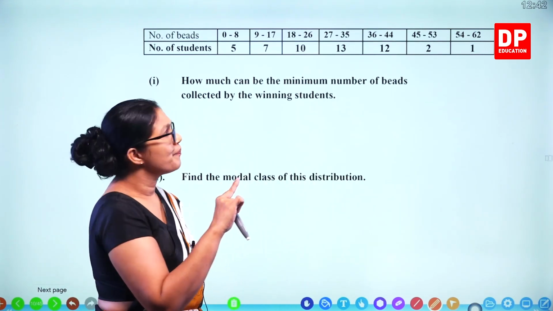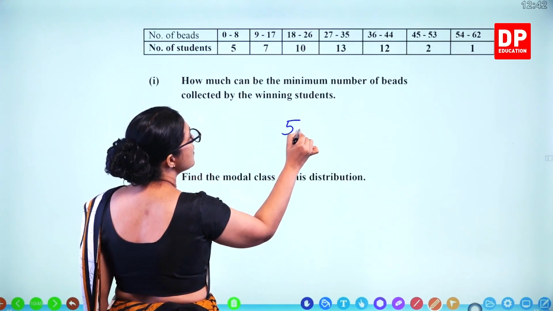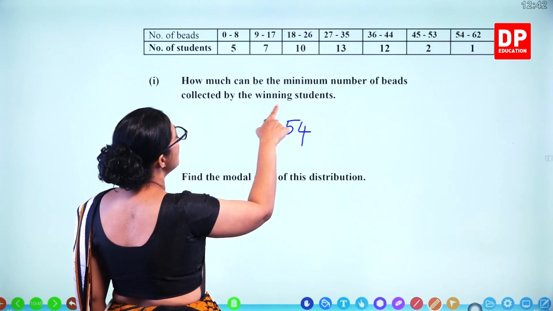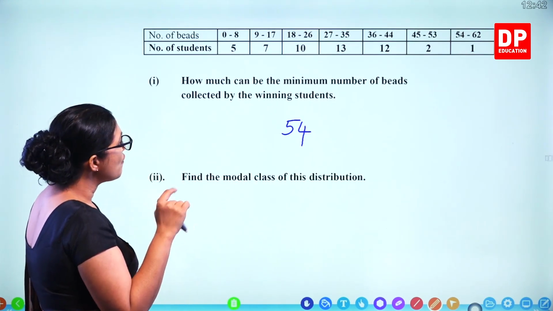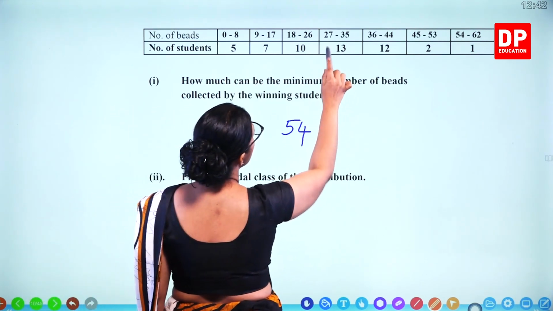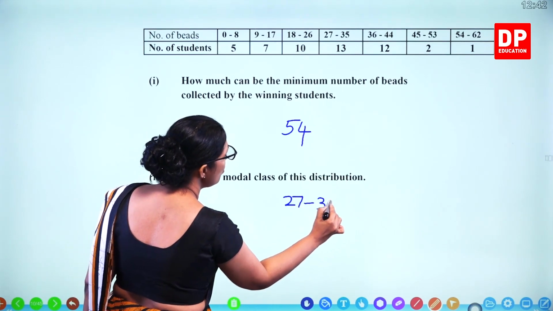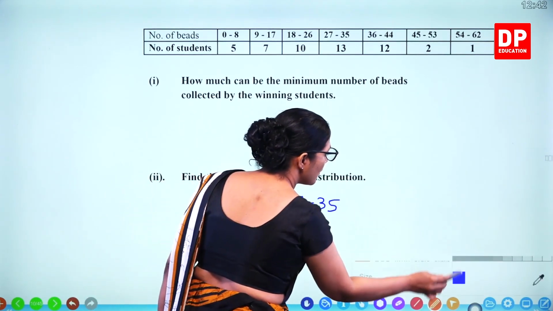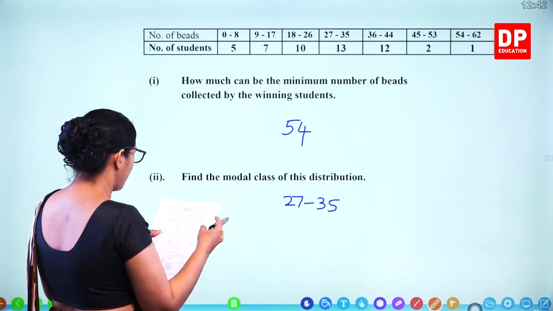What's the minimum? That's 54. So 54 is the minimum number for the winning student. Find the modal class of this distribution, the one which has the highest frequency, 13. So that's the modal class, 27 to 35. You get 1 mark each.